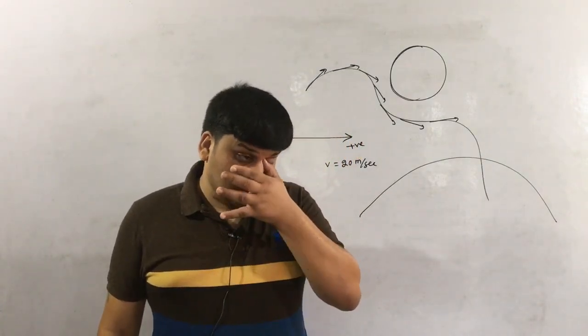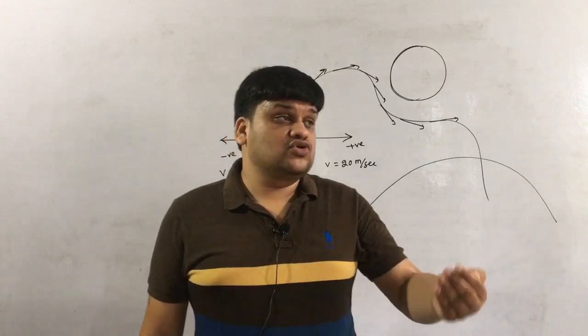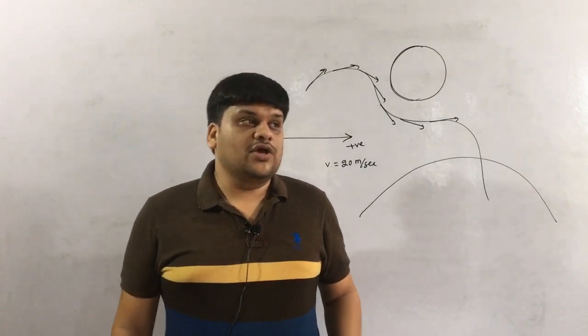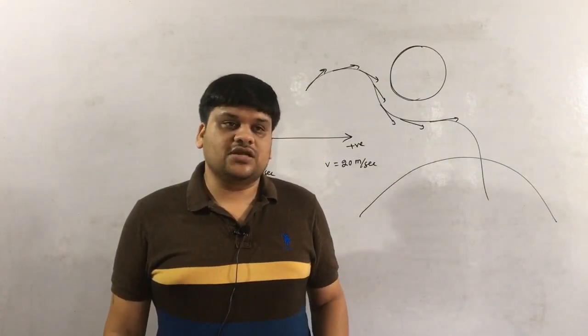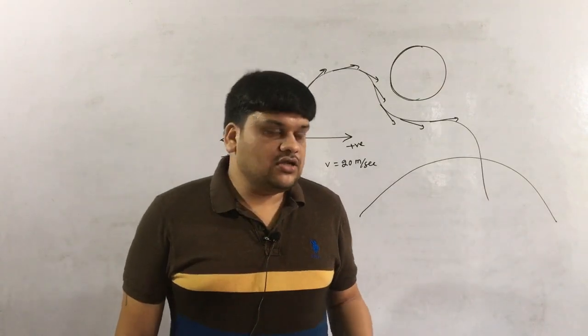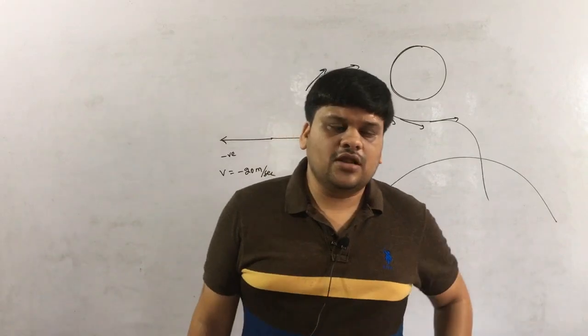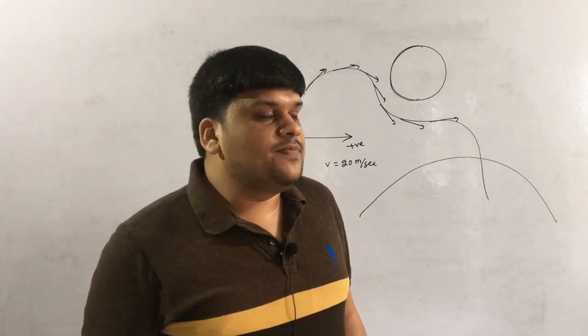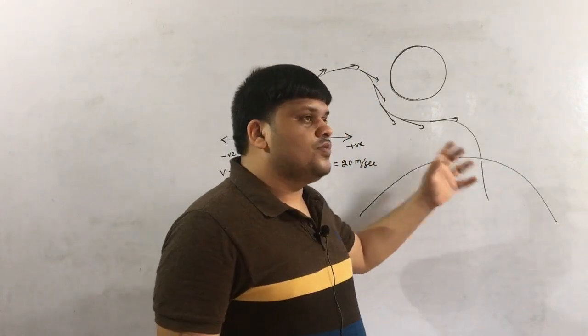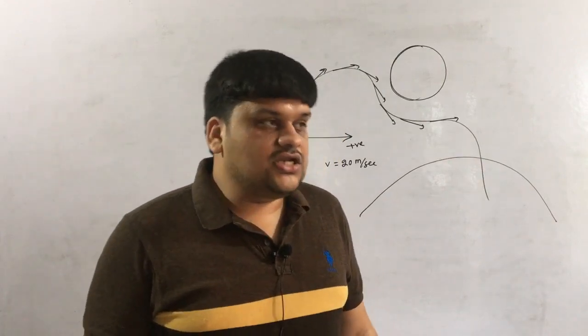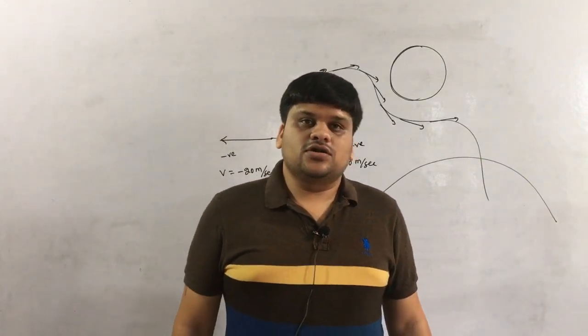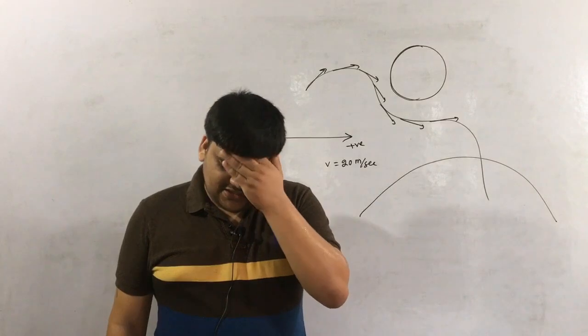So to study motion in a plane, we are bound to develop a concept which can represent the directions. The magnitude is very simple, it is just a number, but we have to represent the direction properly. That is why there is a mathematical concept.